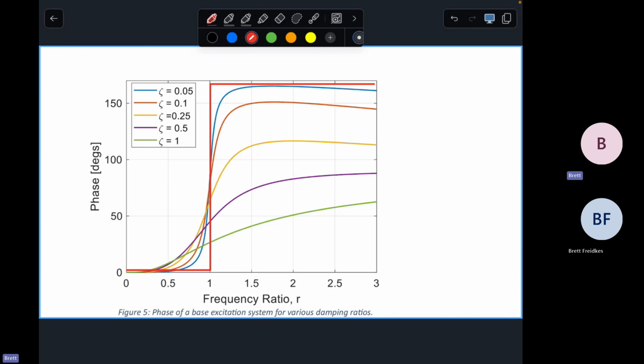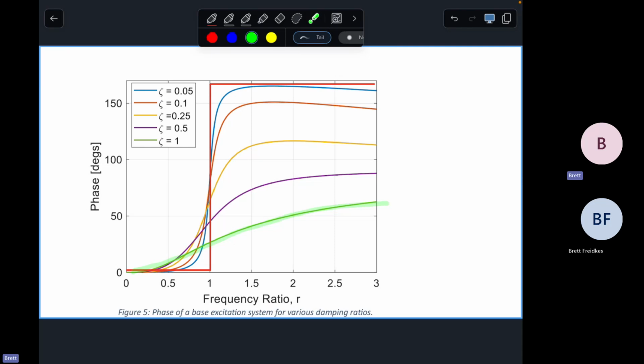But depending on the damping, that impacts how well that models the undamped case. So when we're at 0.05, which is the blue curve, which is this curve here, it's pretty close to modeling that. But as you increase the damping, specifically like the green curve, where this is critically damped, it's very gradual. It doesn't even go near the 180. Again, that's just more of a mathematical conclusion from that.